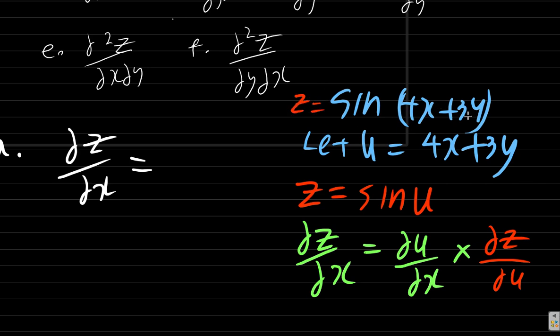Z is equal to sine of 4x plus 3y, u is equal to this, so z is sine u.